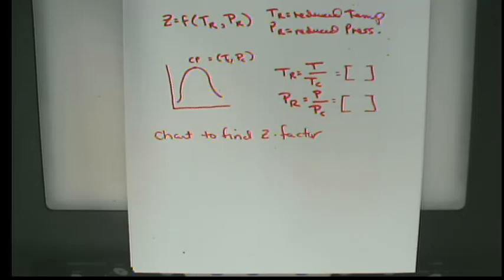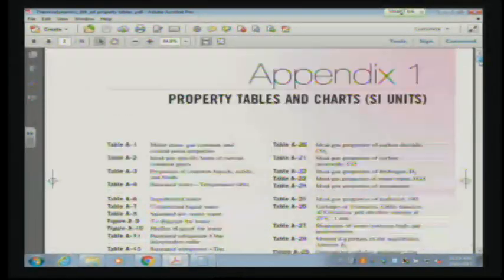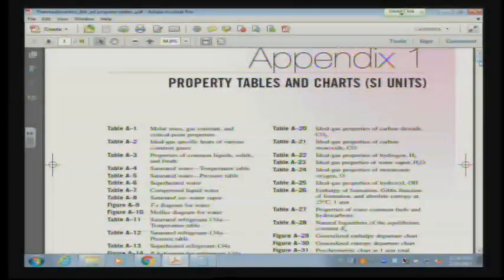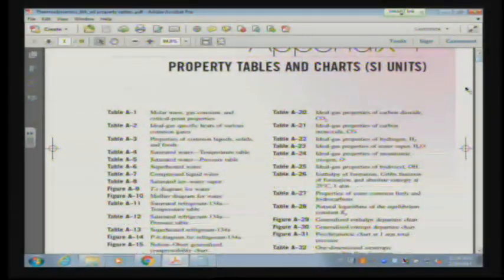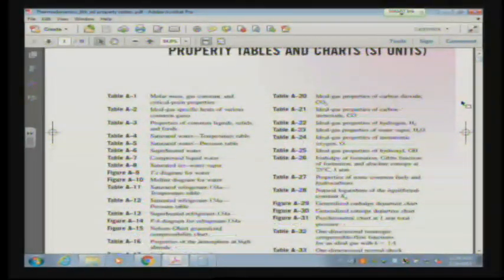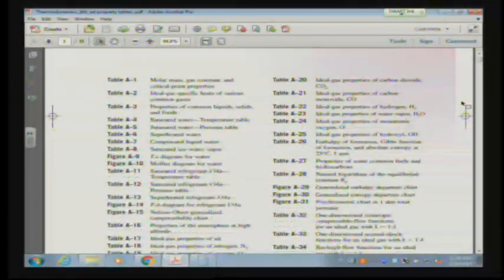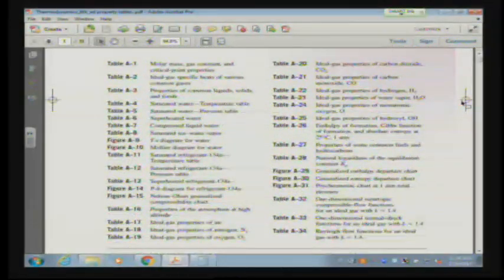Let me go back up here and see. Yeah, I don't see it in the back. I was looking at the appendices and charts, and I don't see one that's going to give us the data that we need.